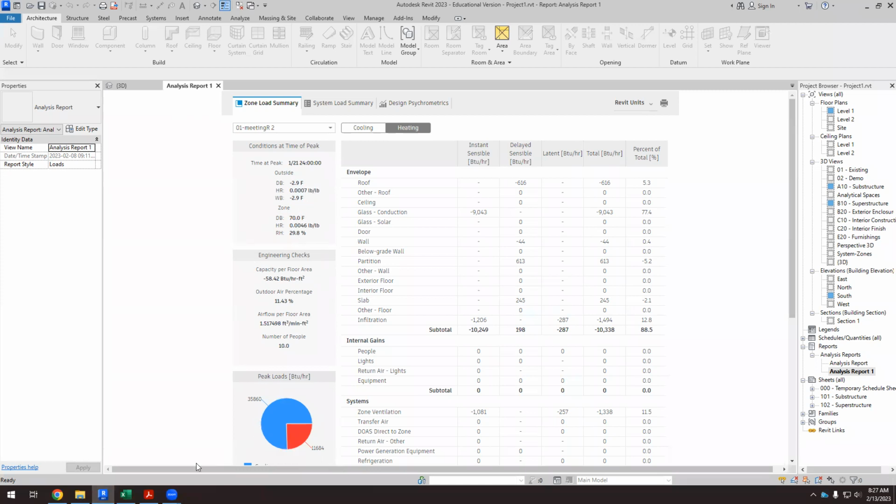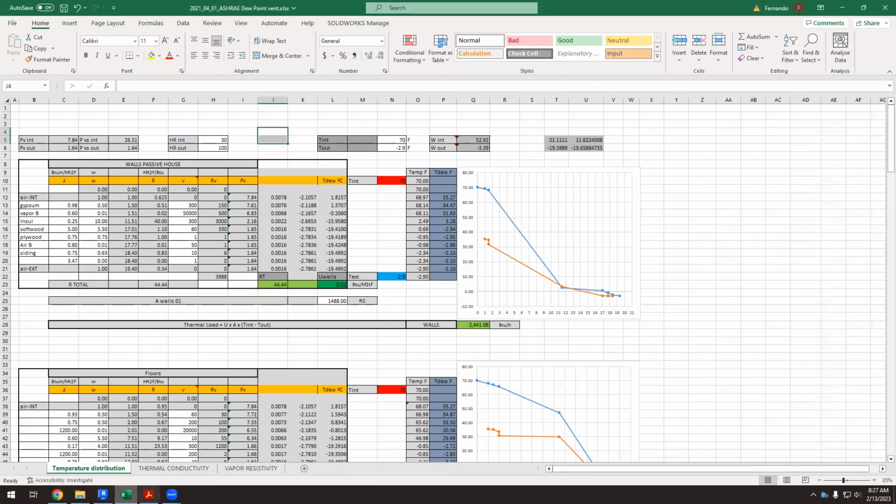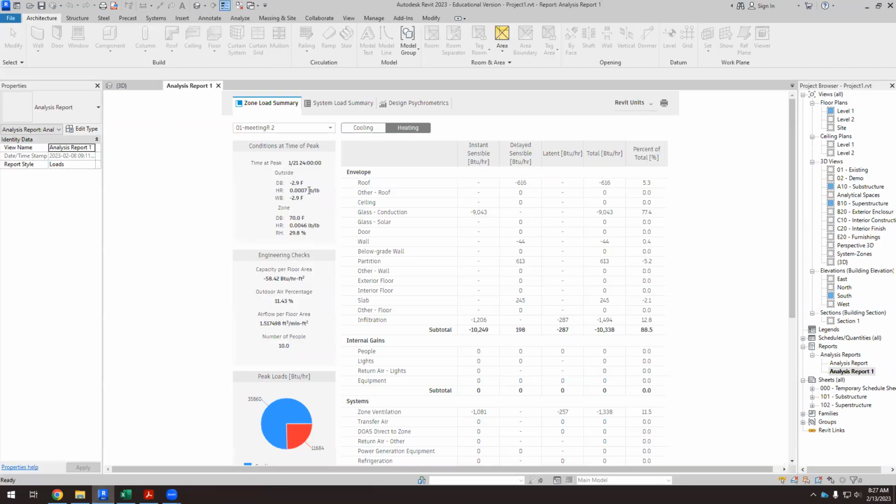But the humidity ratio is not the same as the specific humidity, so we have to look at the units. This is pounds divided by kilopounds, and in Revit this is pounds divided by pounds, so we have to multiply by 1,000. I wish we had a tool in which everything matched, but we don't. That's why knowing all these parameters and concepts and units, especially units, is important.